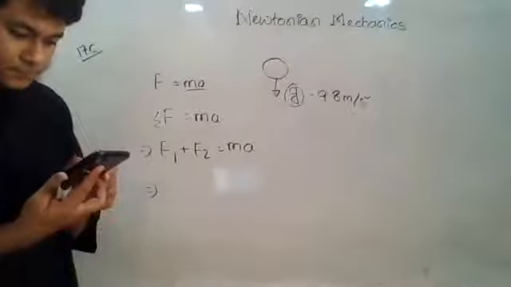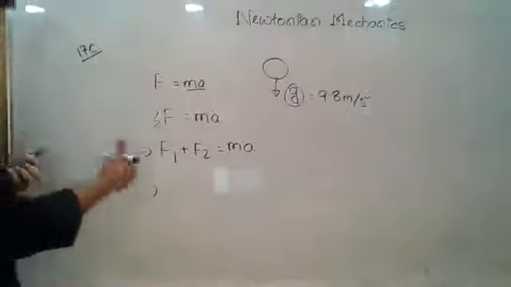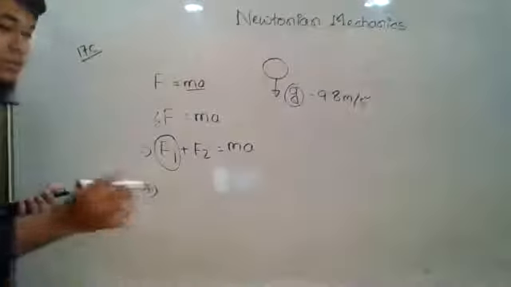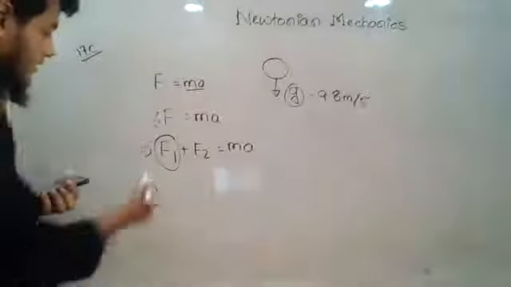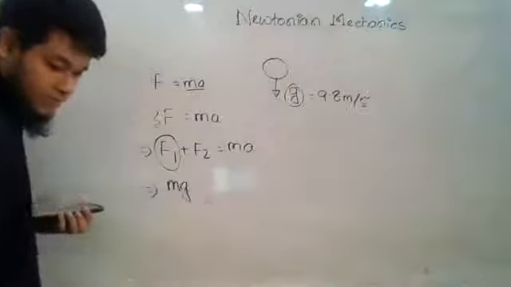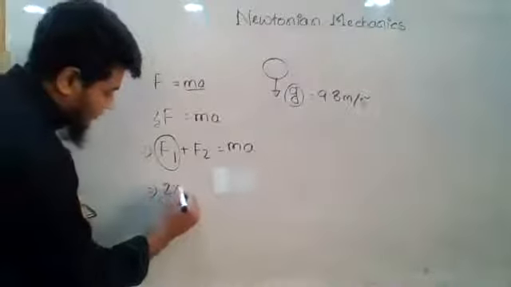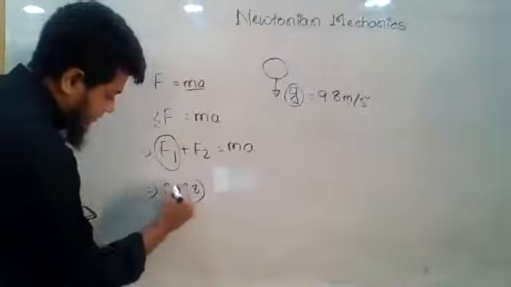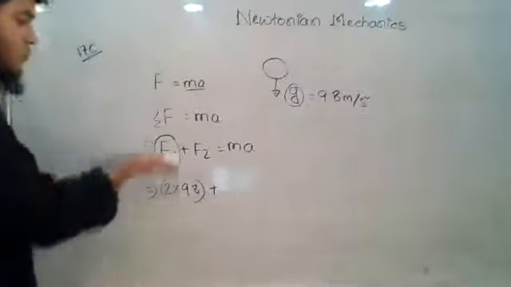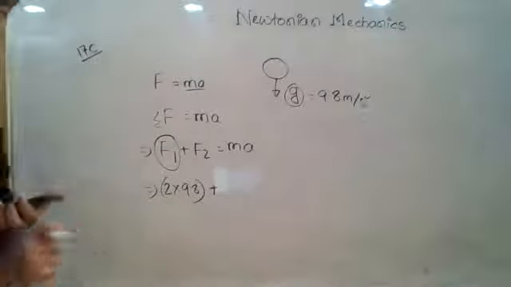Okay, 2.6 Newton of resistive force. Now the first force, the force of gravity, is W, the weight, right? We can find it by mg, so 2 into 9.8. This is the force of gravity acting in the downward direction, so I consider the downward direction positive.